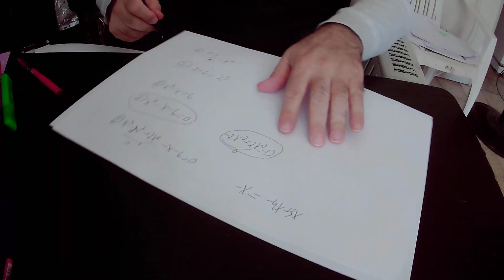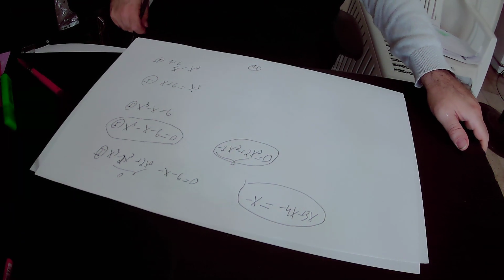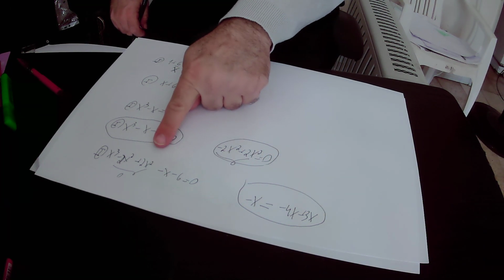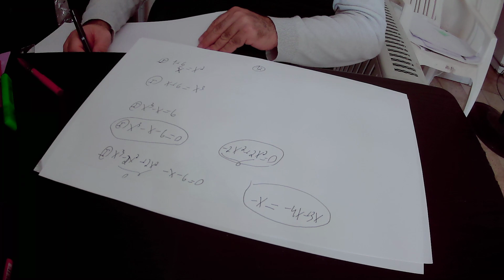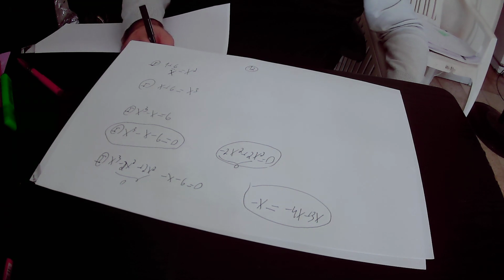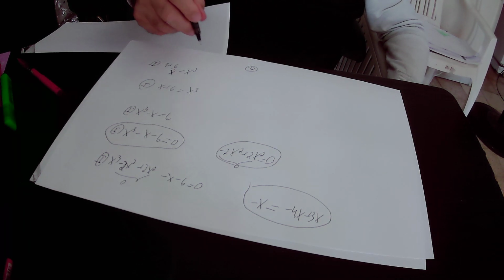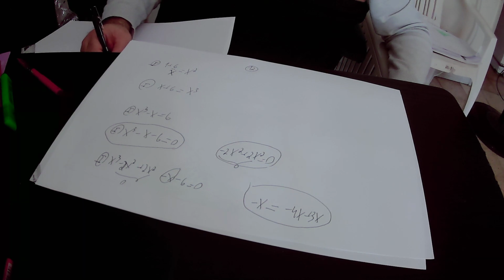Again, minus x equals minus 4x plus 3x, so we'll substitute minus x in equation number 1 by minus 4x plus 3x, and we will get that x cubed minus 2x squared plus 2x squared, and instead of minus x we write minus 4x plus 3x, and minus 6 equals 0.